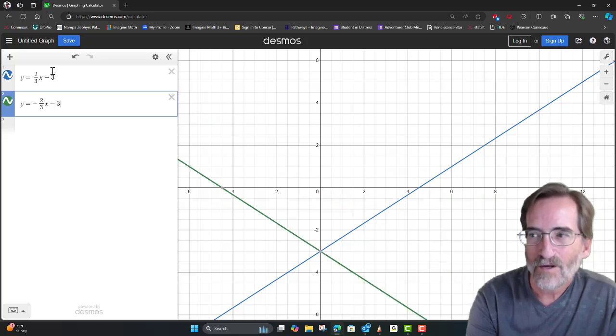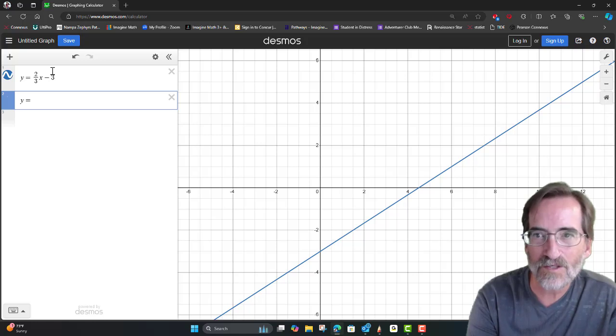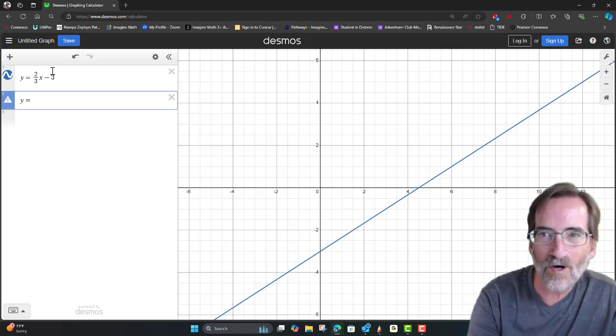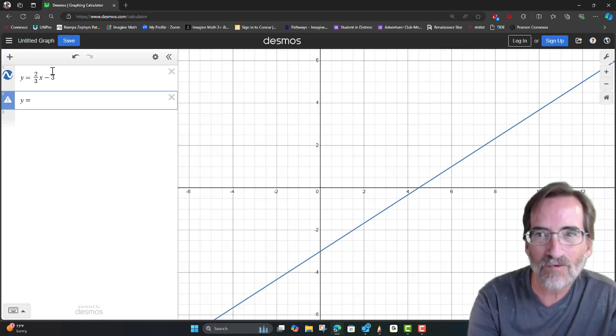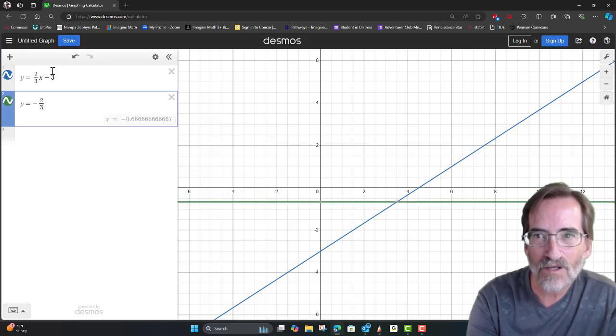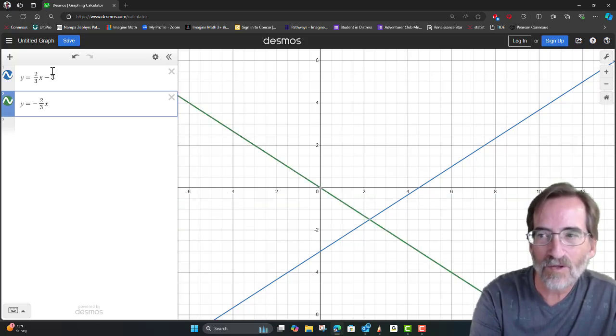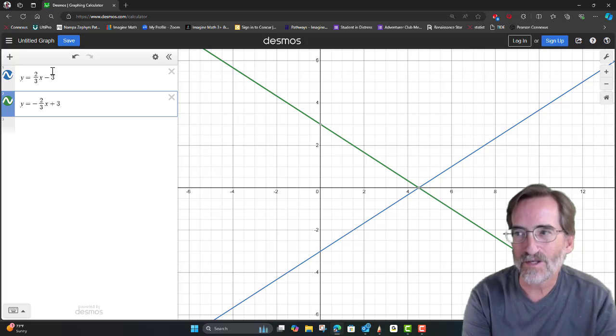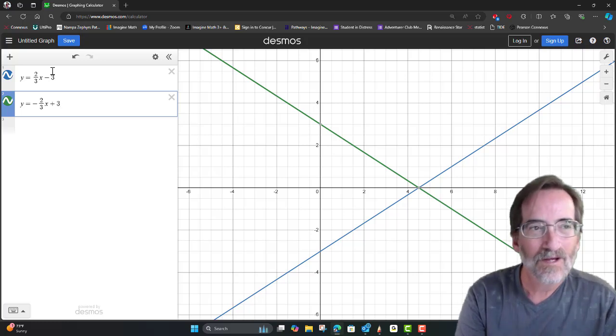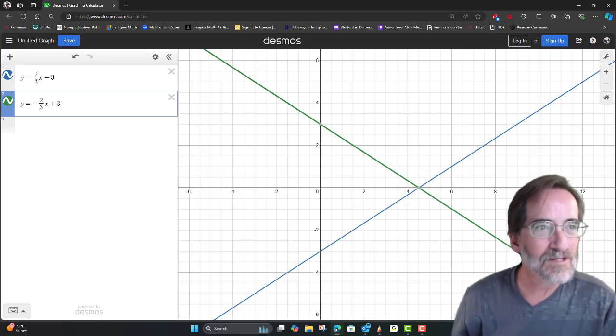Okay, notice they both go through negative 3. For an x-axis reflection, change the sign on y, which means multiply through by a negative 1. Negative 2/3 x plus 3. And that is an x-axis reflection. Okay, so hopefully that makes sense or that helps.